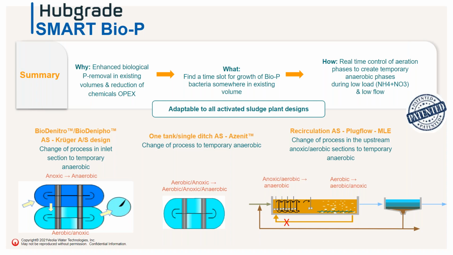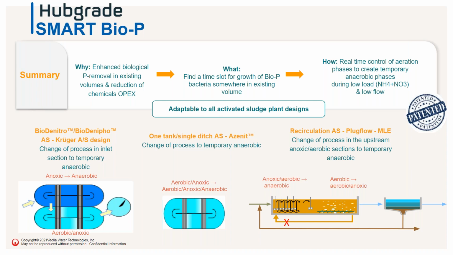One solution is, of course, to dose a lot of chemicals. From an environmental point of view, it's not great. From a cost point of view, it's not great either because chemicals can be very expensive. Especially when you think about the fact that there are inherently and naturally bacteria in your sludge that can help you through this phosphorus removal process, which are your bio-P bacteria.